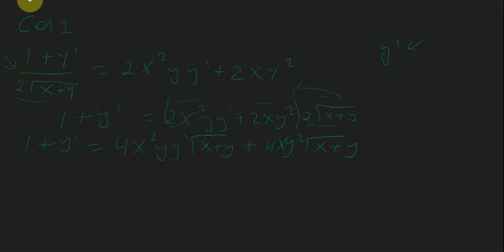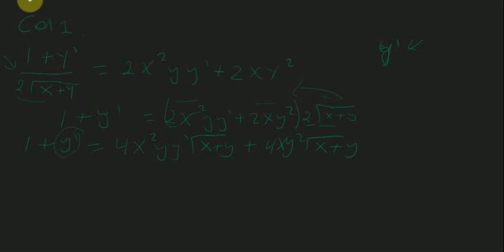Now you have to move y prime, because we need to find y prime. So this has to move to the other side. Anytime you move something, it changes the sign.